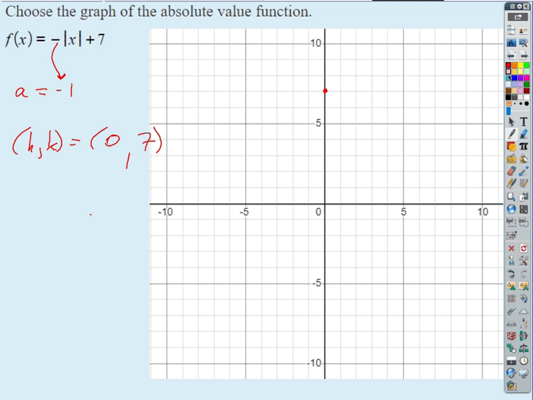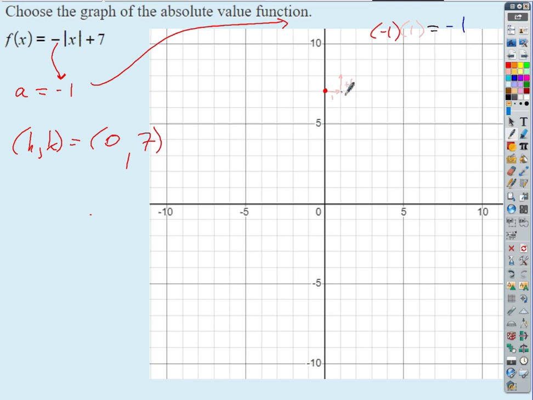And now normally, if I go over by 1, I would normally go up by 1. But now we've got to multiply the normal height times a. Well, what's -1 times 1? -1.